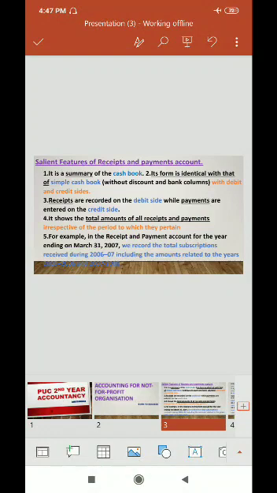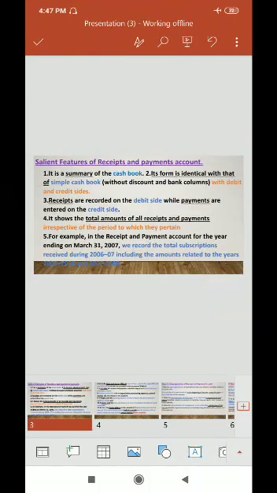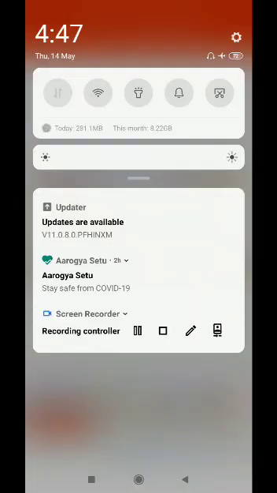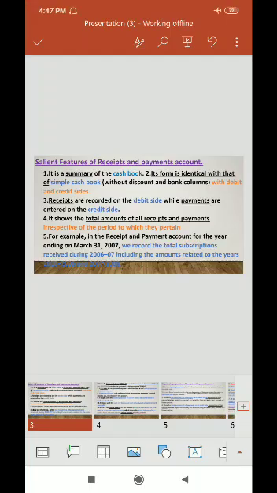The third point is, receipts are recorded on the debit side while payments are entered on the credit side. All the receipts, meaning cash inflows, are entered on the debit side, but cash outflows are entered on the credit side.